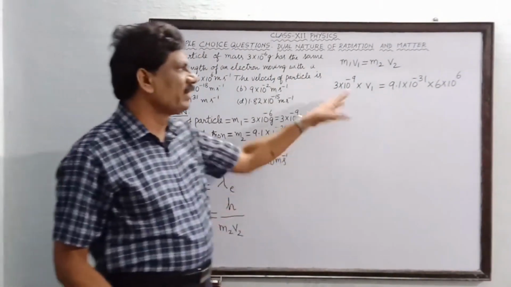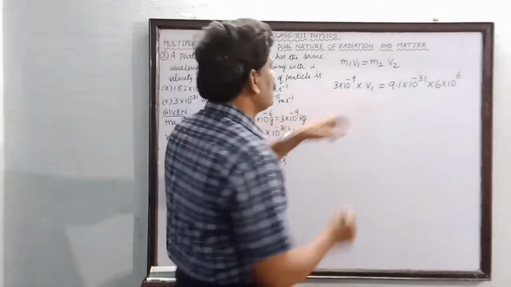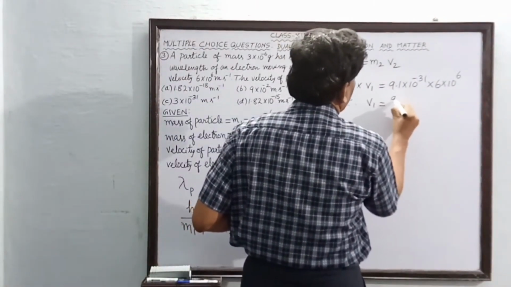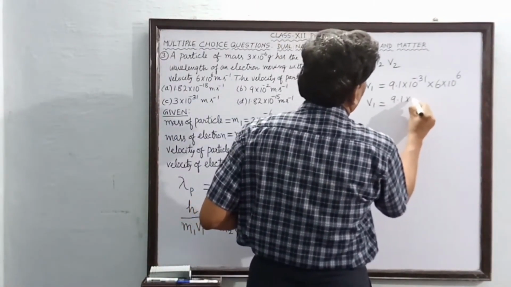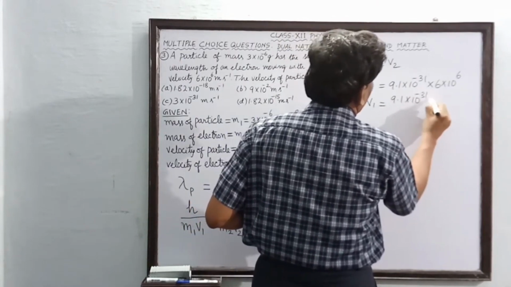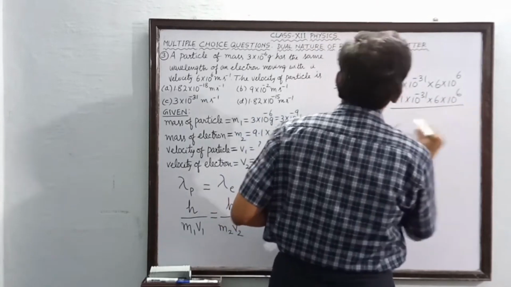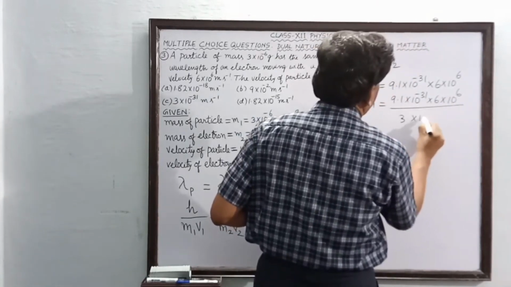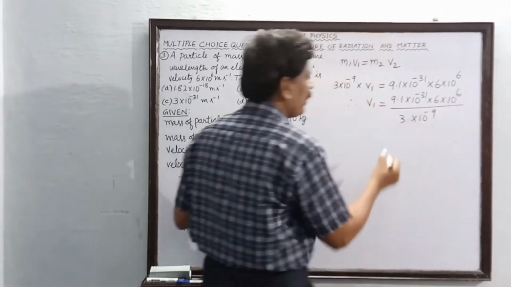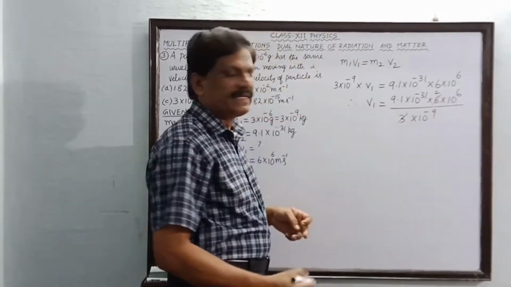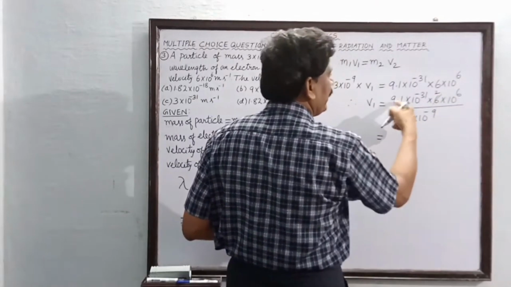I am going to readjust the terms, that's all. Therefore, v1 must be equal to 9.1 into 10 power minus 31 multiplied by 6 into 10 to the power of 6 whole divided by 3 into 10 to the power of minus 9. So this 3 can be cancelled with the 6. 3 twos are 6.